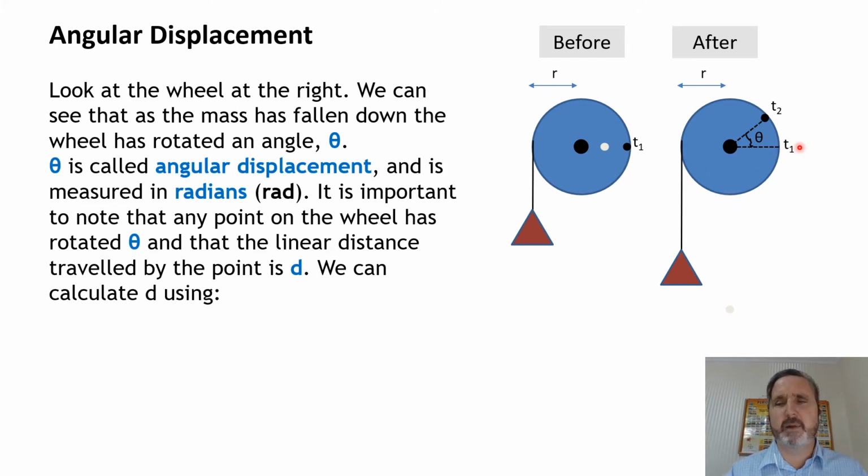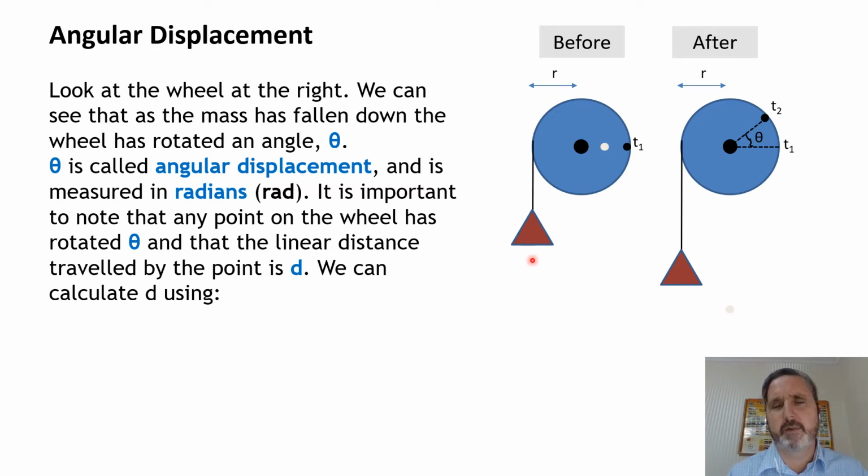Now, angular displacement is measured in a unit called radians, and we'll look at that in the next slide. What's important to notice though is that if this disk is displacing an angle, anything that was on the edge or the circumference will travel a distance around the circumference. The distance that this has traveled around the circumference will equal the same distance that this mass has fallen down.